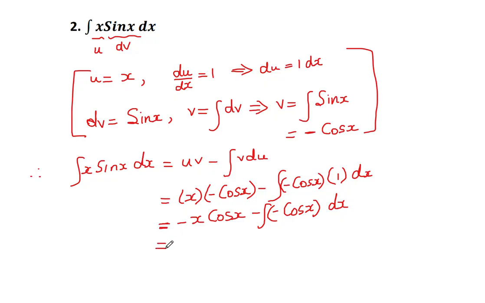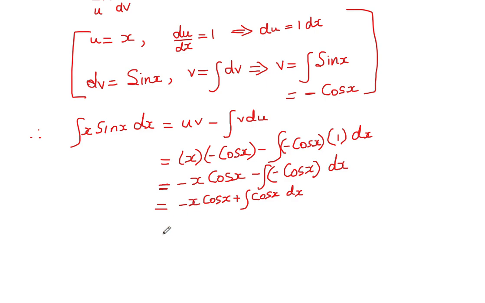So this becomes negative x cosine x, and the negative multiplied by negative is positive, so this will become plus the integral of cos x with respect to x.